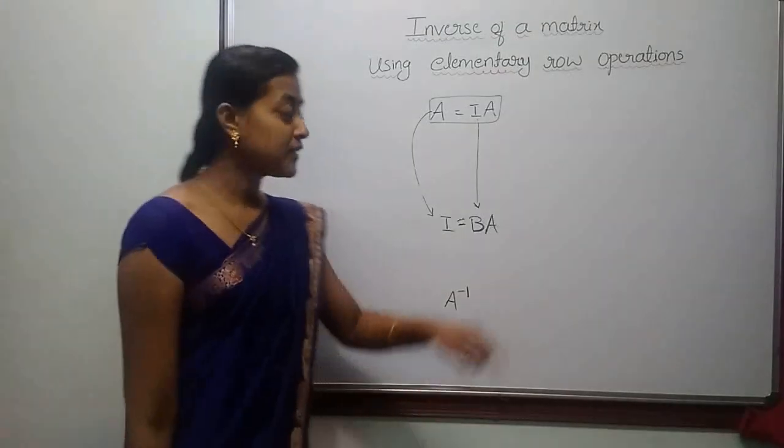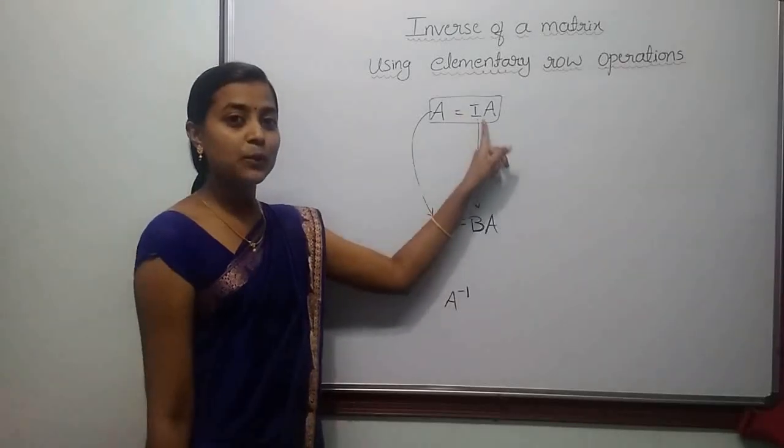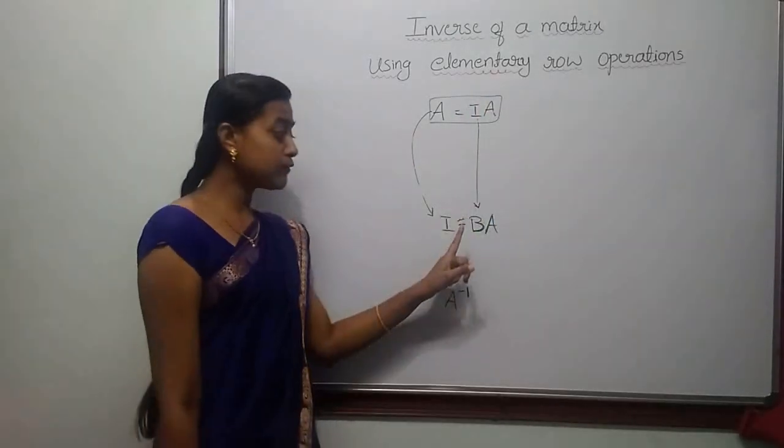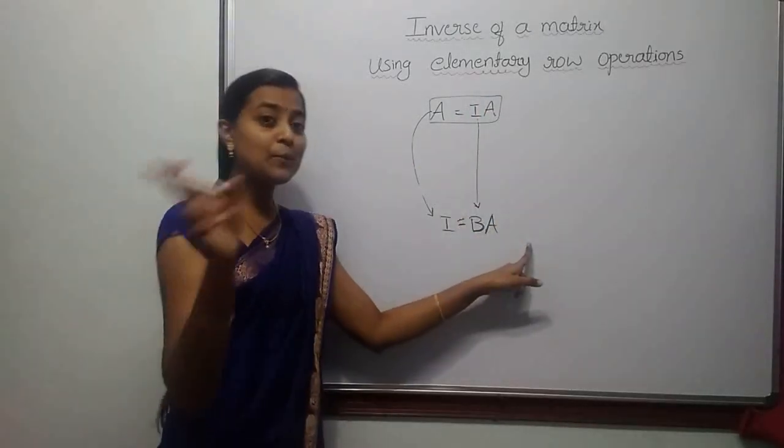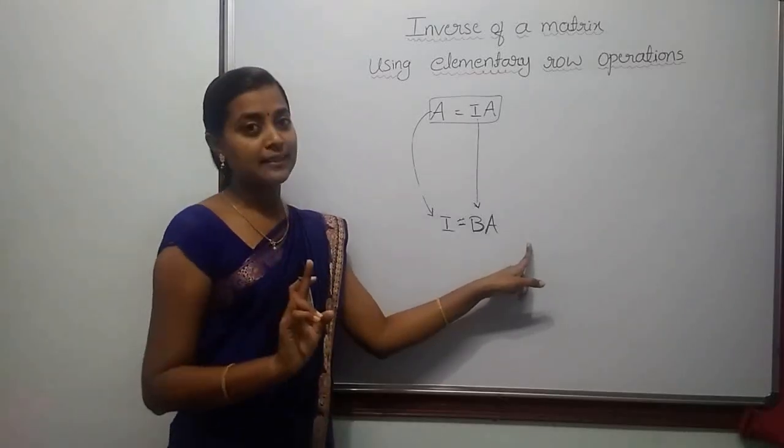Why reduce the equation A is equal to I into A to the form I equal to B? Remember the condition of invertible matrices.